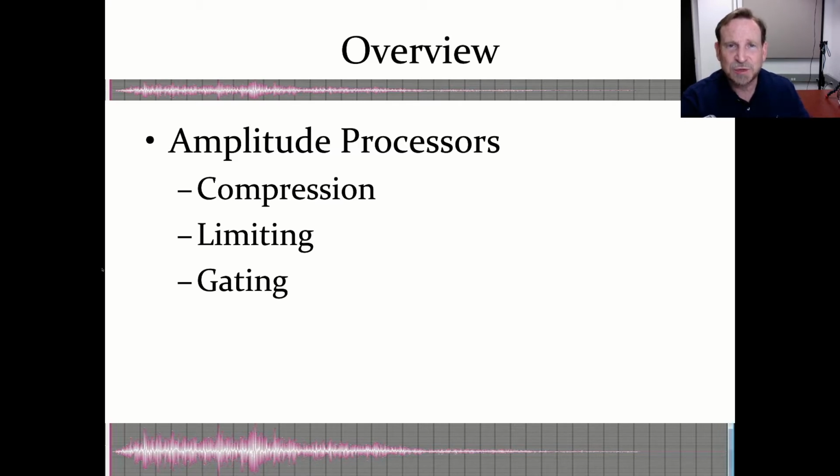Limiting is also controlling the dynamic range, but it's not flexible in terms of what the peak and the valley will be. It's setting a ceiling at the top of that volume so that you've always got no signal going above a certain point. And of course, there's this gating idea where we're opening and closing a channel in order to control our mix a little bit more.